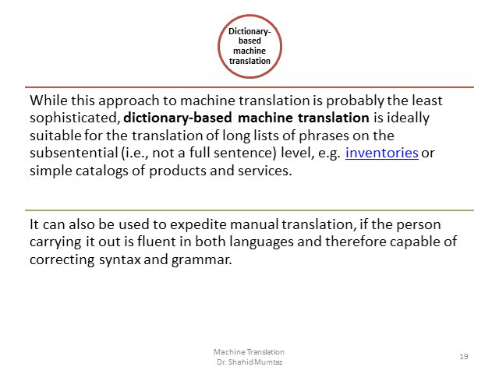For example, inventories or simple catalogs of products and services. It can also be used to expedite manual translation if the person carrying it out is fluent in both languages and therefore capable of correcting syntax and grammar.